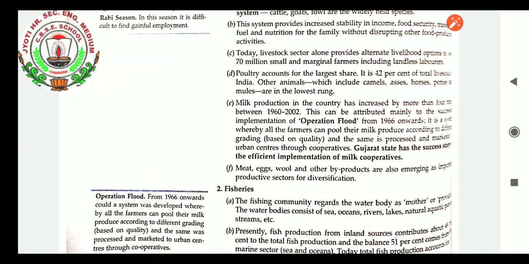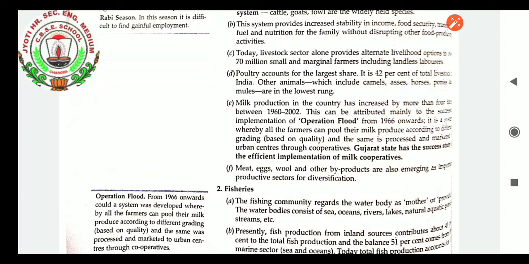The industry does the standardization and grading of the product according to the type and range of the animals. There are different categories of the same animals, so according to the quality of the milk, it is categorized. So it is a system whereby the farmers can pool their milk produce according to different gradings based on quality, and the same is processed and marketed in urban centers.